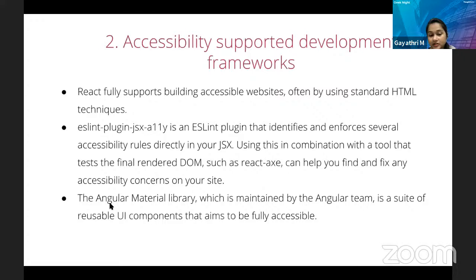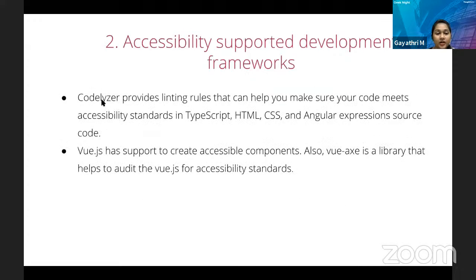And the Angular Material library comes with a suite of reusable components that are fully accessible also. And CodeLaser is another linting rules that will help us to set the standards in these languages.